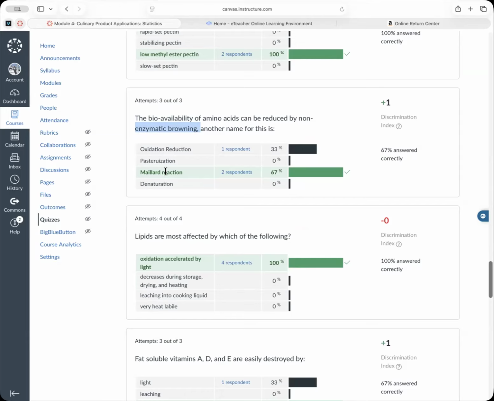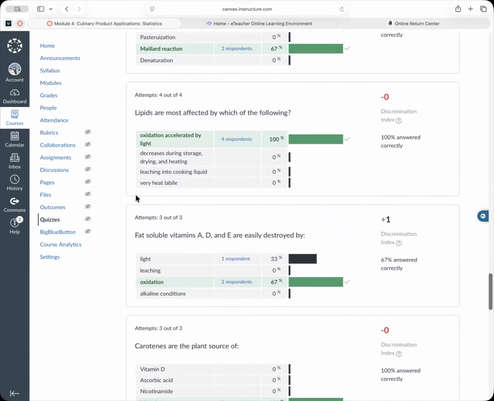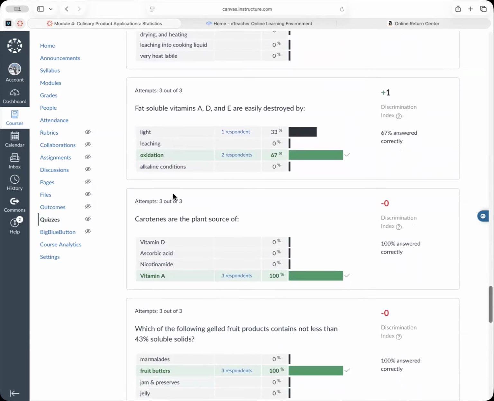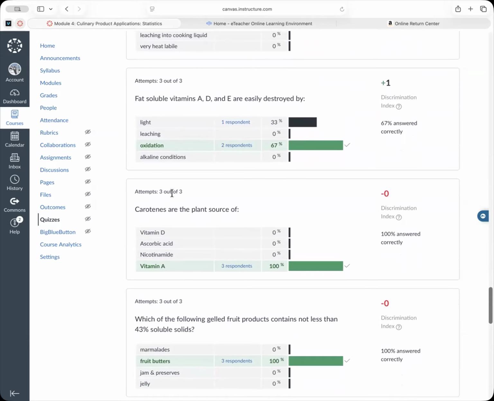Oh, look at that. See, that's the answer, another name for the Maillard reaction. I think it is an oxidation reduction reaction, but that's not what I was looking for. Fat vitamins A, D, and E, because they're fat soluble, are destroyed by oxidation. They become rancid. Think about it that way.